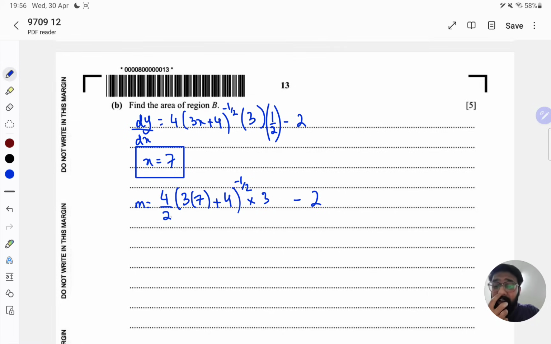So if I simplify, it will be 4, 2 times 6, so 2 times 3 is 6, 6 bracket 21 plus 4 to the power minus this, and if I simplify, I have the value of the gradient as minus 4 by 5, and I know that the coordinates at that specific point is 7, 0.